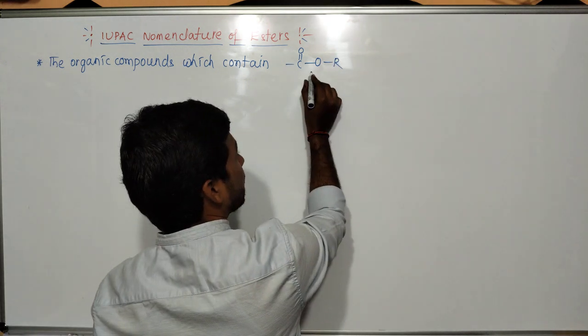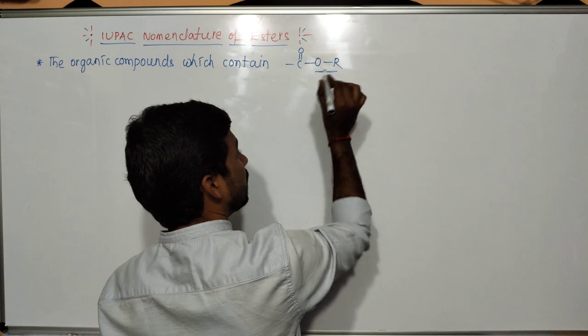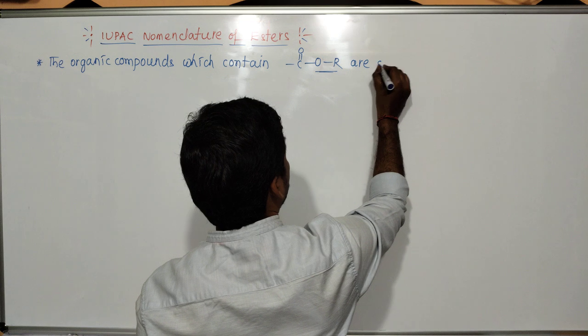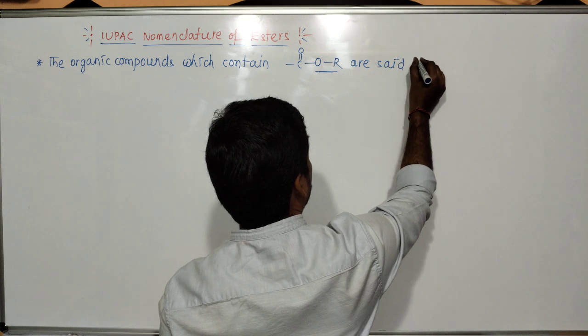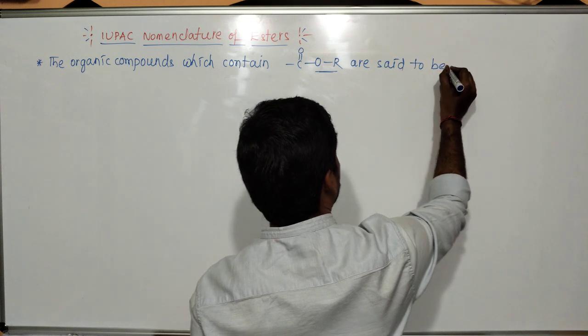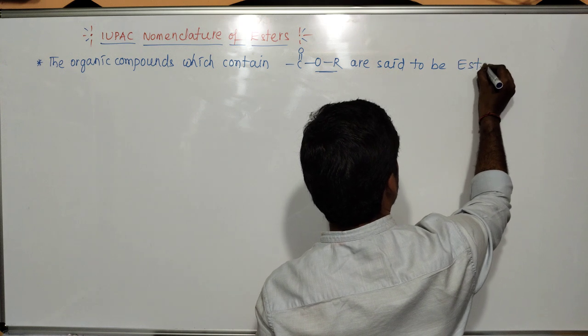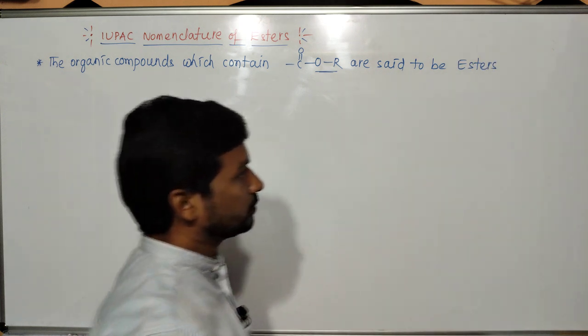So in carboxylic acid, COOH, instead of OH here there is OR. Organic compounds containing the COOR functional group are said to be esters.